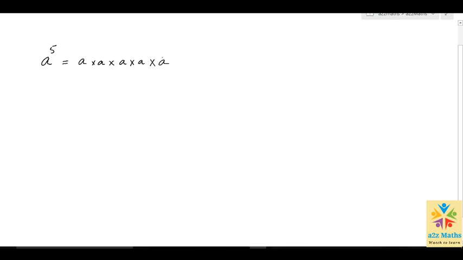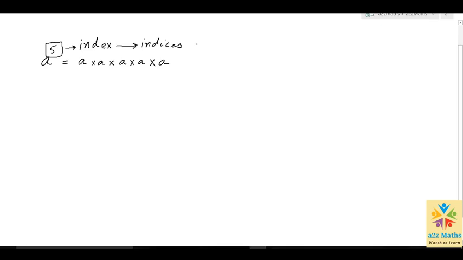This is how we write the number and expand it. The number on the top, this number 5, is called an index, and the plural of index is indices.